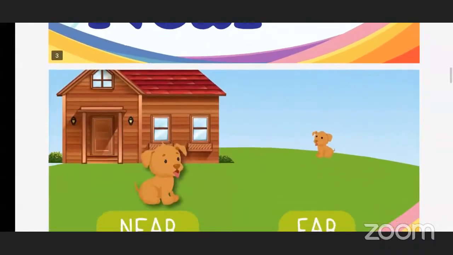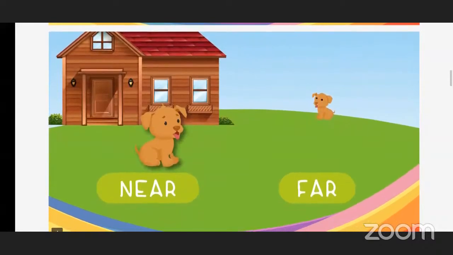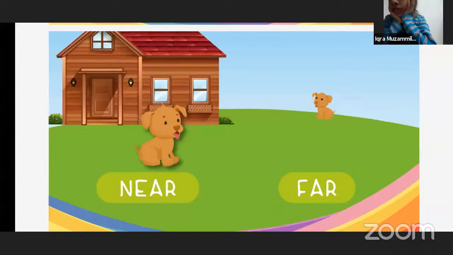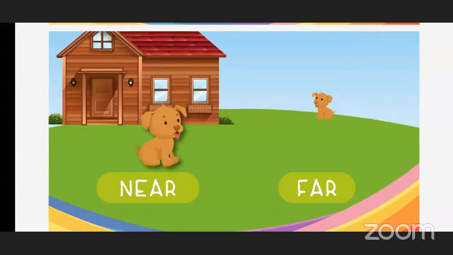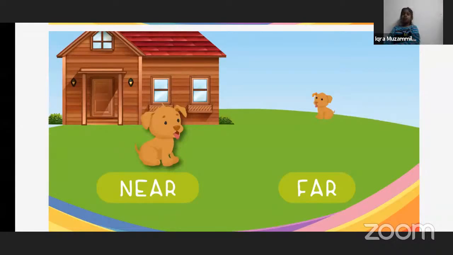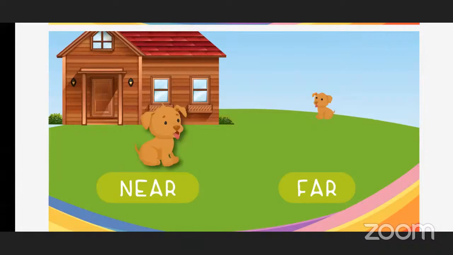Now, what can you see in this picture? There are two puppies and one house. One puppy is sitting near to the house and another puppy is far from the house.